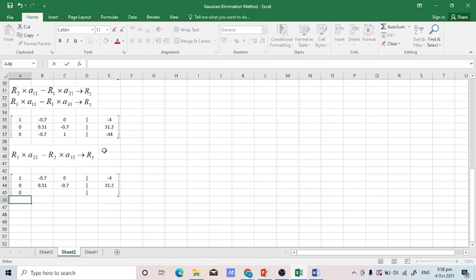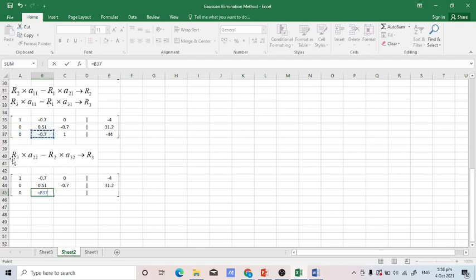Tapos, dito naman, R3 first element 0. Second element na pala tayo.